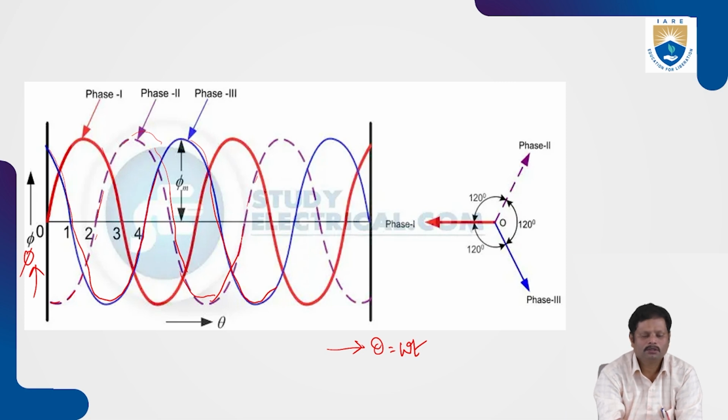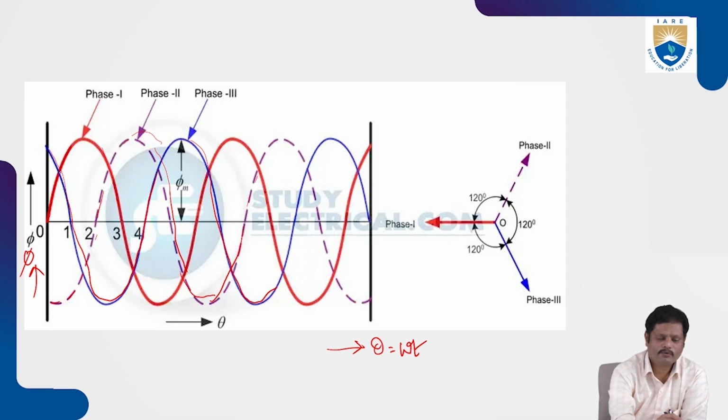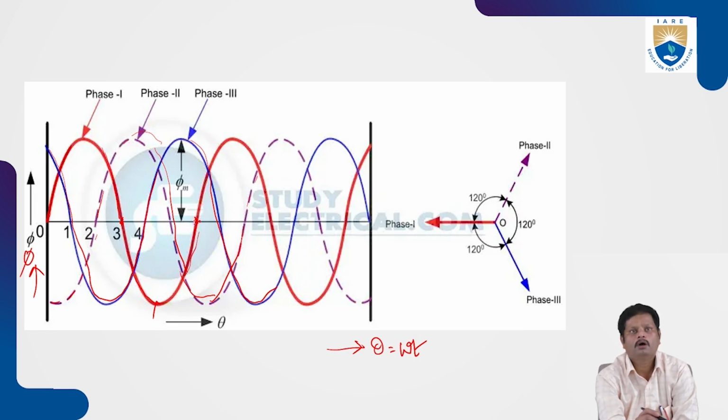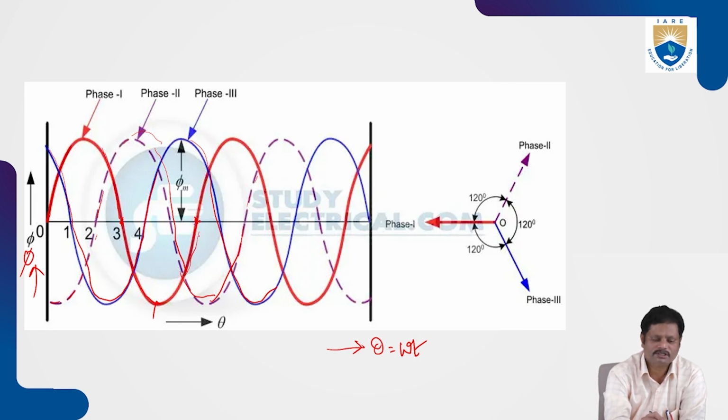Here it is a pure sine wave. It starts at 0, reaches maximum at 90 degrees, reaches 0 at 180 degrees, and in the opposite direction produces maximum EMF at 270 degrees, and reaches 0 again at 360 degrees or 2 pi.